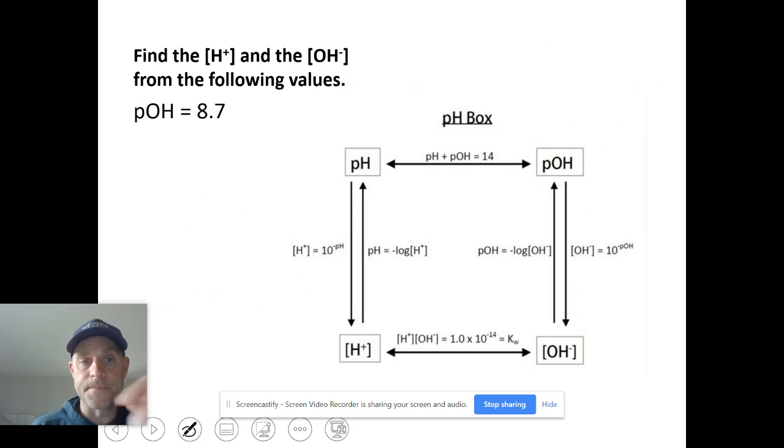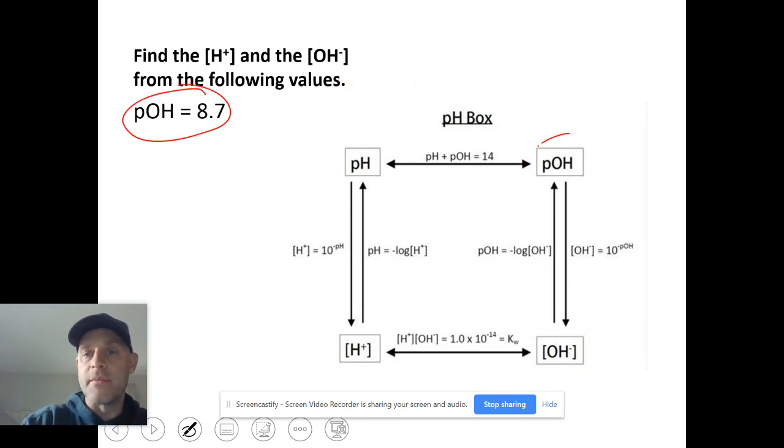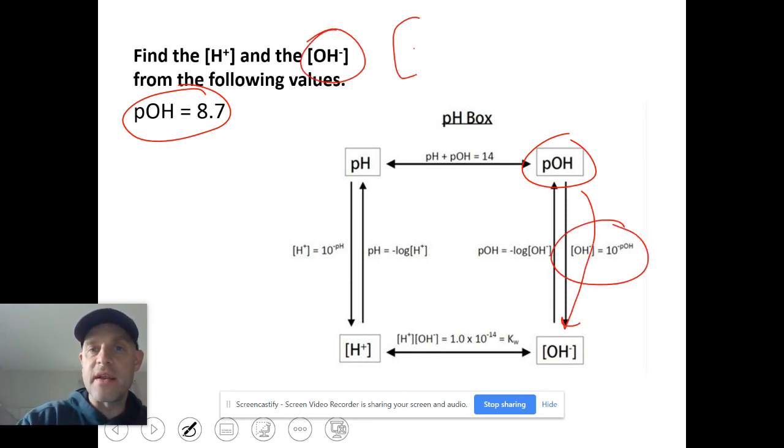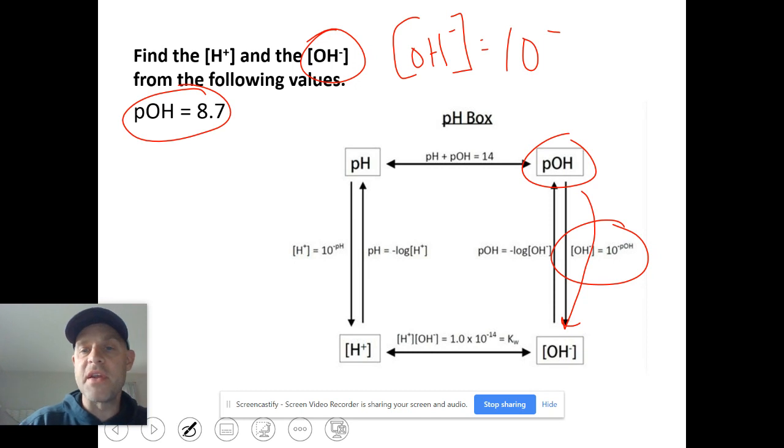One more. Again, pOH. Give me the value of OH. I'm going to go down here. Here's my equation: the concentration of OH is equal to 10 to the negative pOH. What's that? 8.7. So again, here we go, negative 8.7.